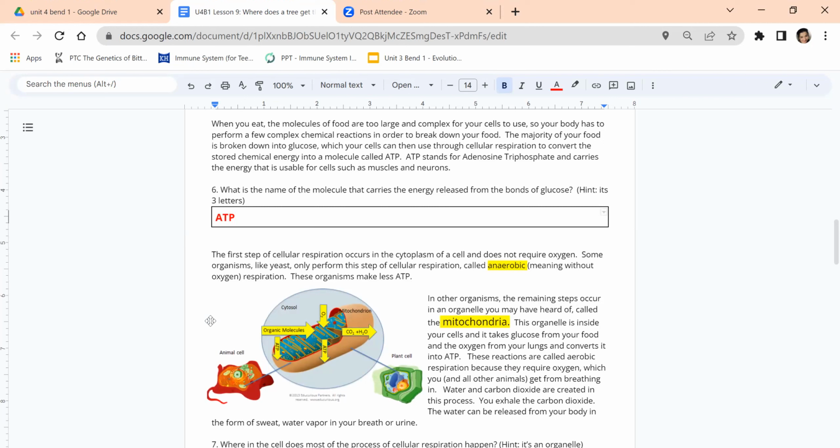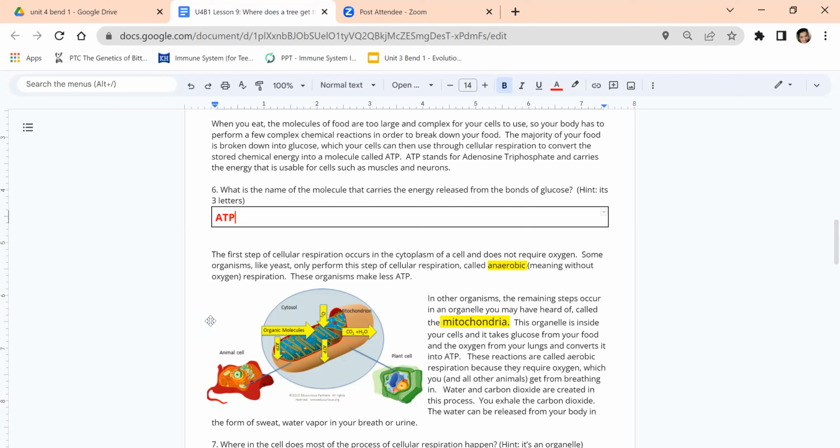Okay, so there are two basic steps in cellular respiration. The first step occurs in the cytoplasm of the cell, and it does not require oxygen. So this is called anaerobic cellular respiration because it does not require oxygen. There are single-celled organisms like yeast that get all the energy they need from just doing this first step, and they don't need oxygen to do it.